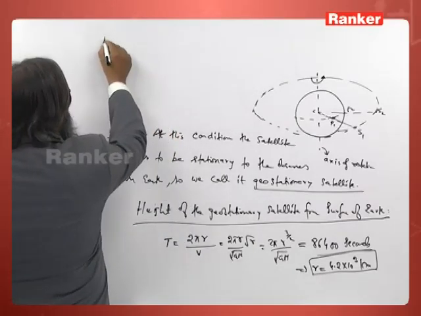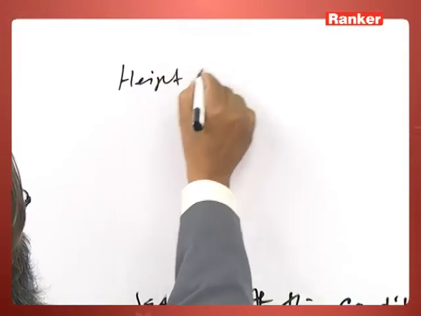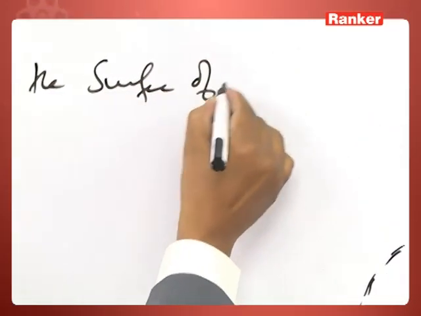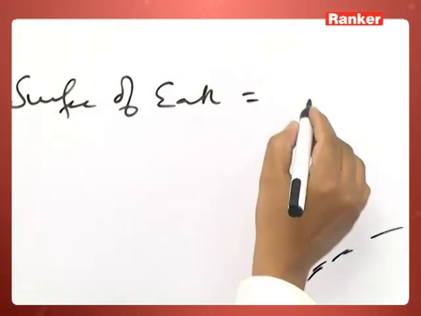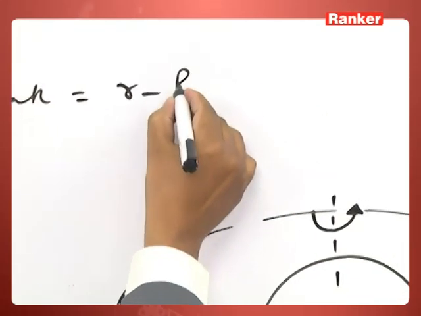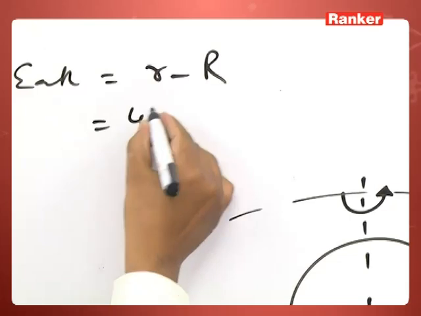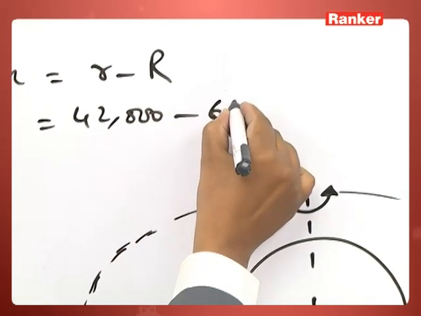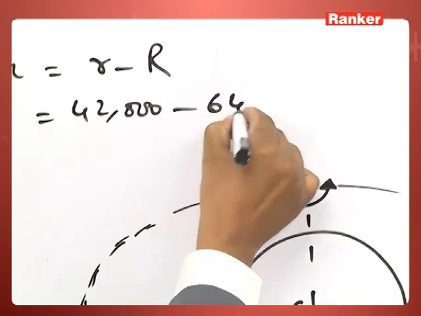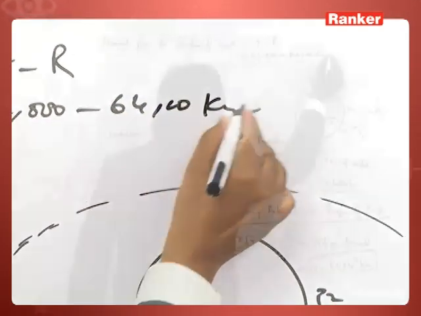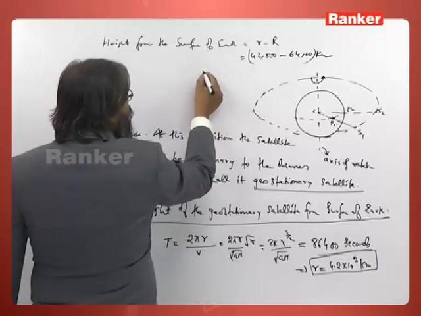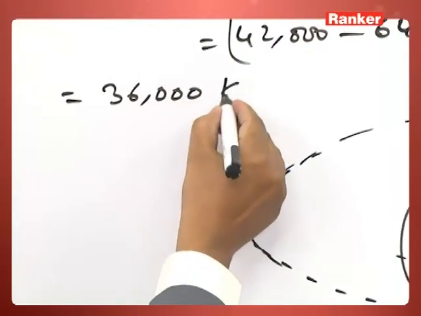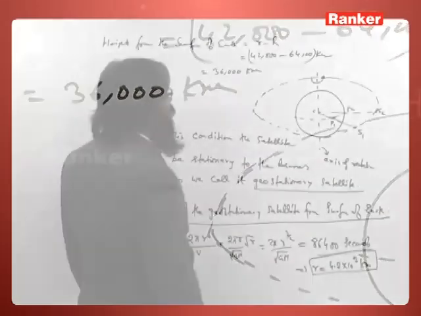So, the height from the surface of Earth becomes r minus radius of Earth, that is 42,000 kilometer minus 6,400 kilometer. So, this will be nearly 36,000 kilometer.